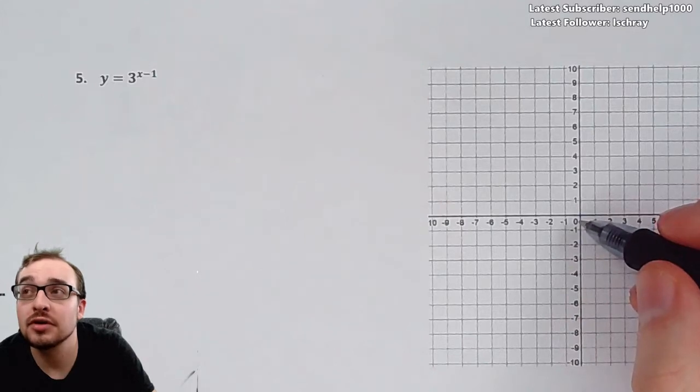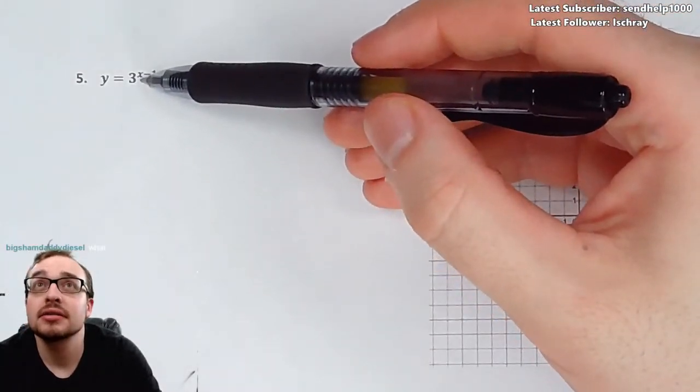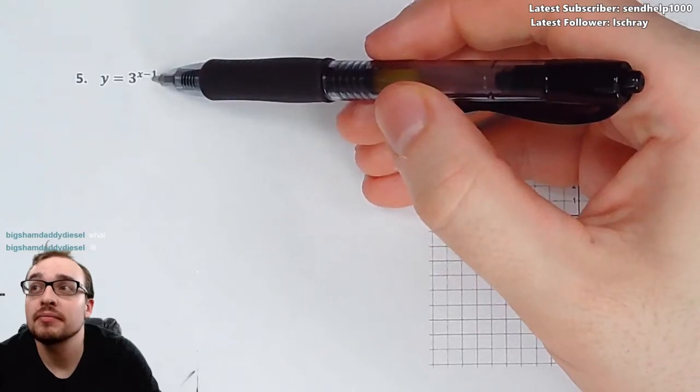Well, 3 to the 0th is 1. Then we divide, right? So if I plug in 0 for x, 0 minus 1 is negative 1, right?